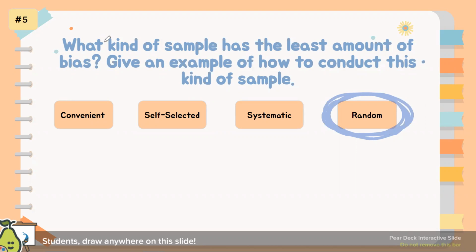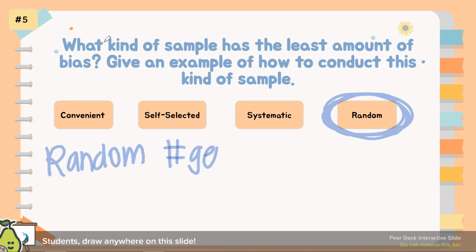So the ways that we could conduct this kind of sample could be like a random number generator, where say we take everyone in school, put their name into a list and assign them a number, and then we randomly pull numbers and select them to take our survey. That would be a random sample.